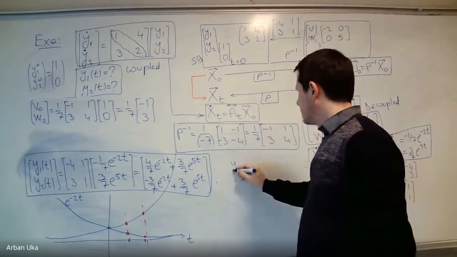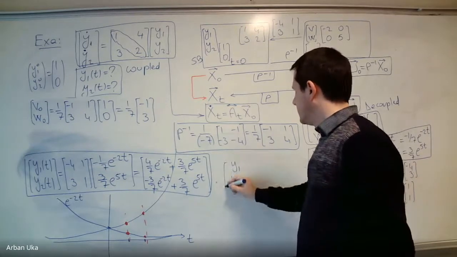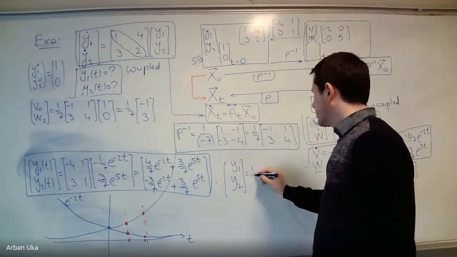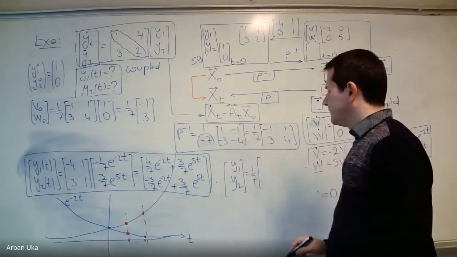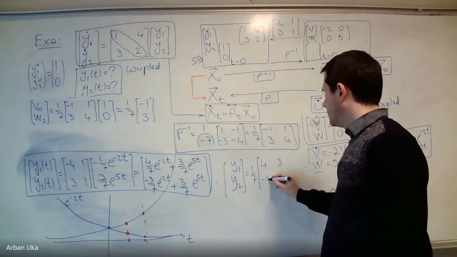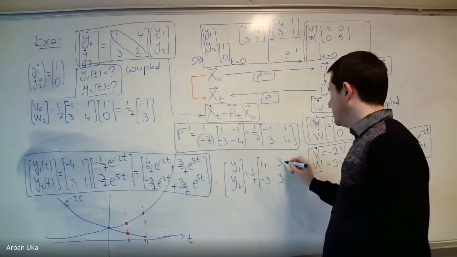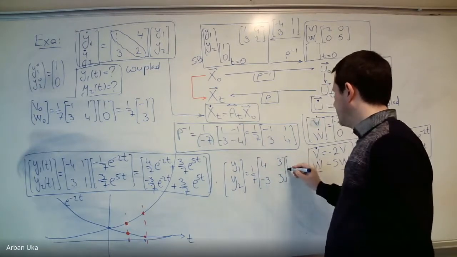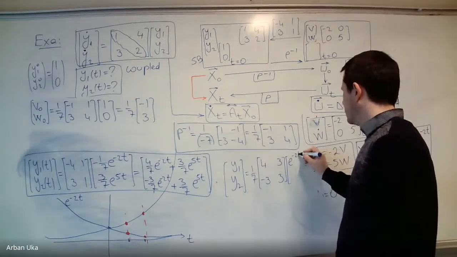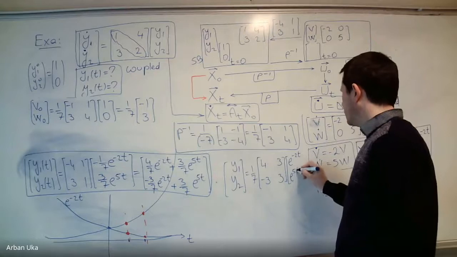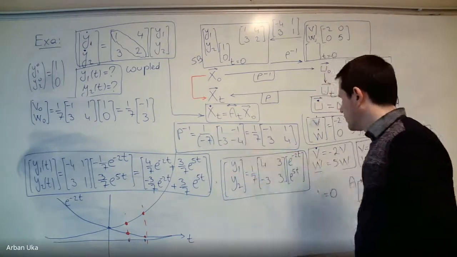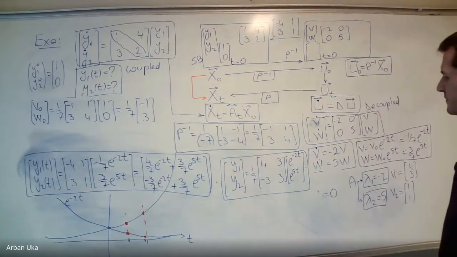We can say that y1, y2 is equal to 1/7, so we can factor out 1/7, it's a constant. This is 4, 3, minus 3, 3, times e to the power minus 2t, and e to the power 5t. This is also an elegant way to write this, okay?